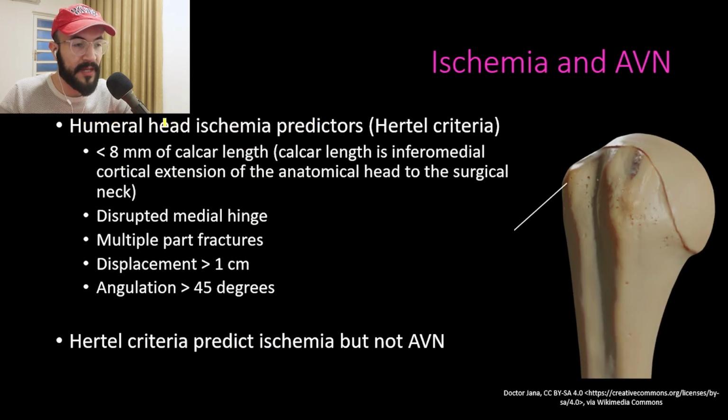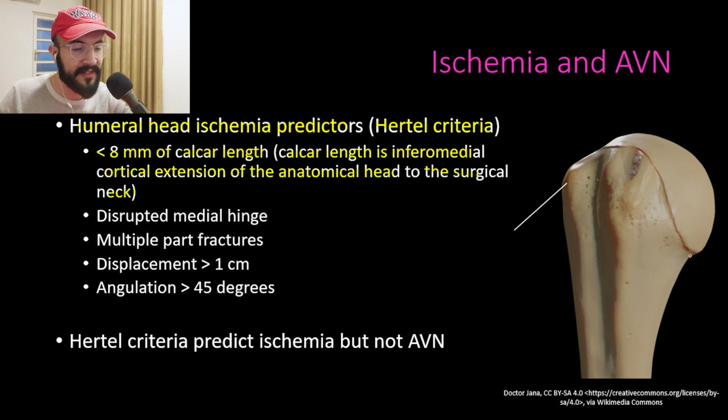Now we have predictors for the ischemia, called the humeral head ischemia predictors, which are the Hertel criteria. Those include that the humeral head ischemia is predicted if the calcar length is less than 8 millimeters. And the calcar length is the inferomedial cortical extension of the anatomical head to the surgical neck.